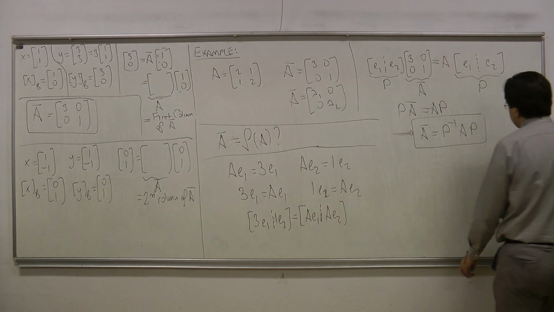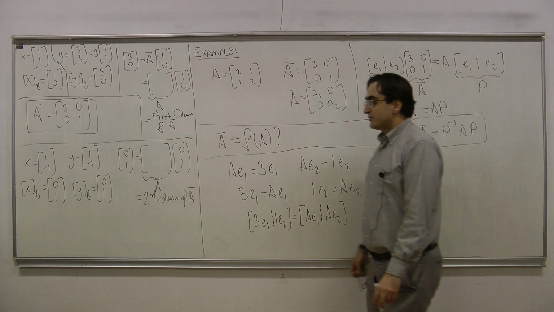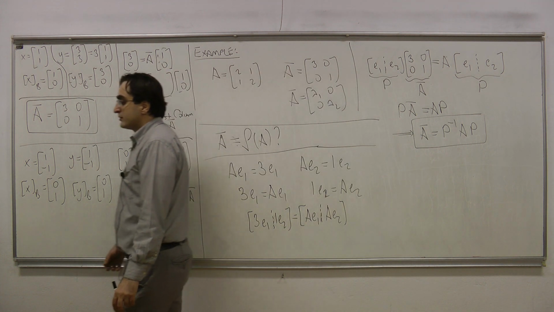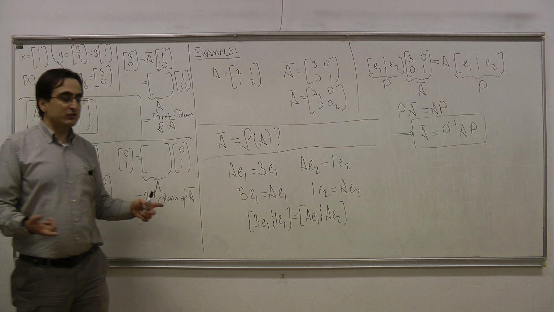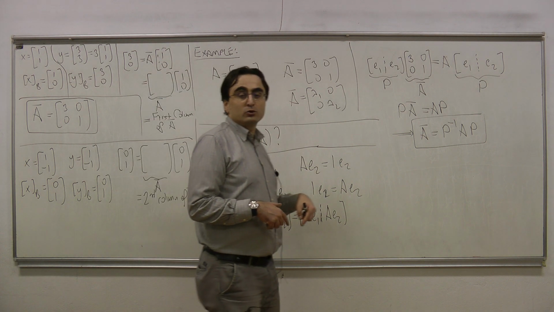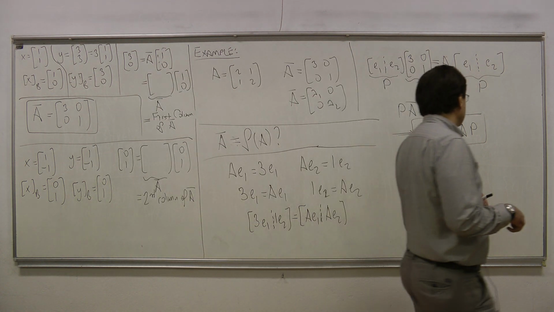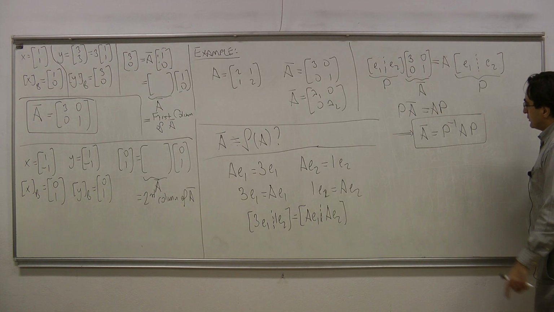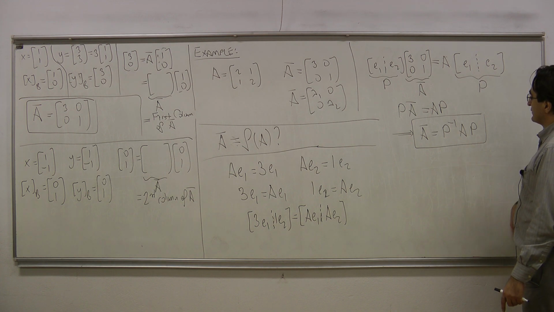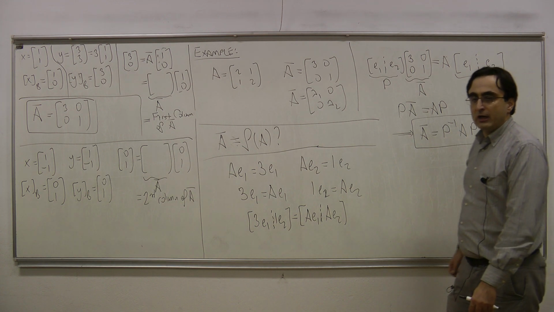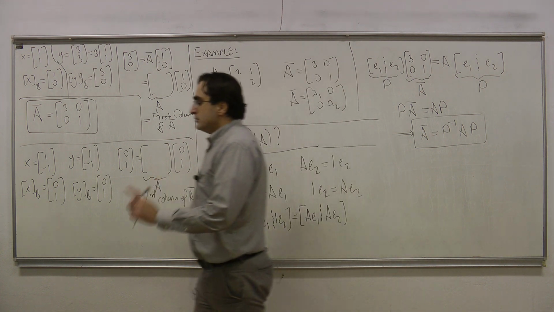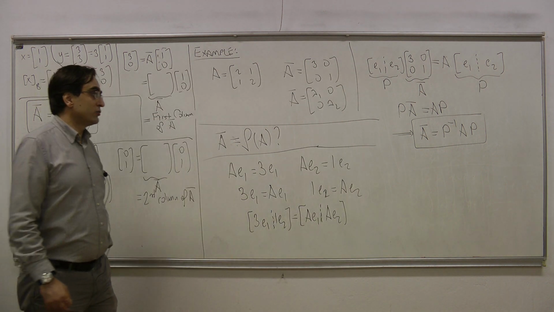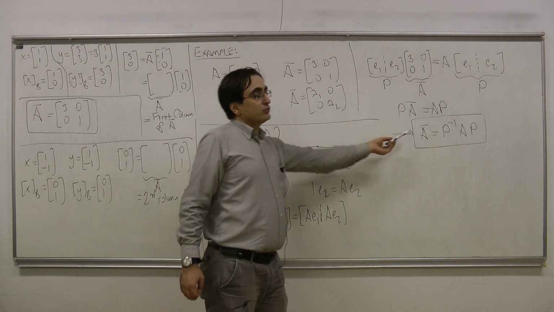You might remember this formula from the earlier parts of this course. You have seen that in the case of the matrix representation of linear transformations, if you want to change the basis in both the domain and the codomain at the same time, from the same basis to another common basis, you would get this formula. So the rest of the course is going to be related to this formula.